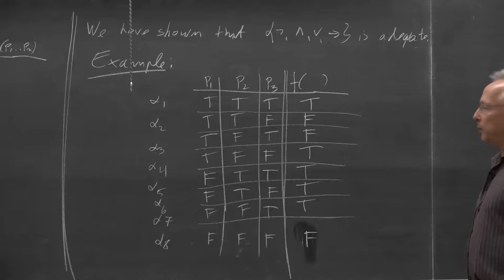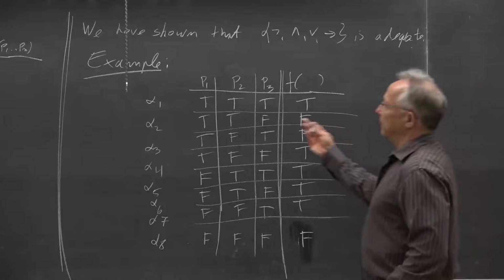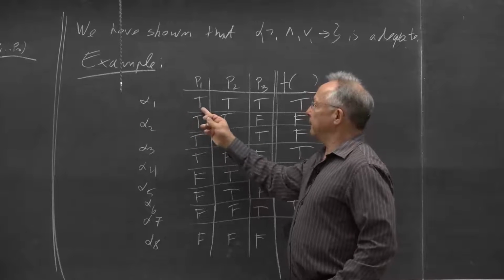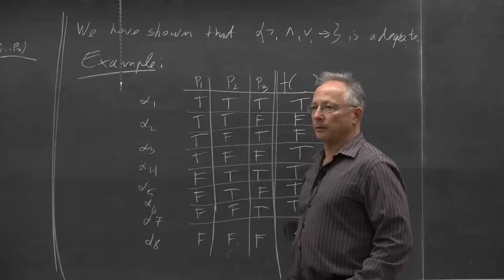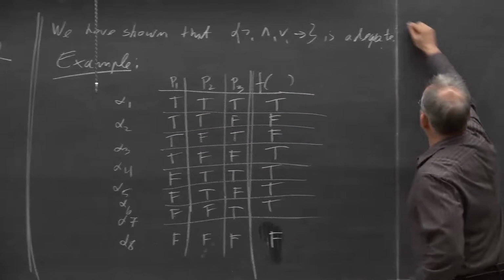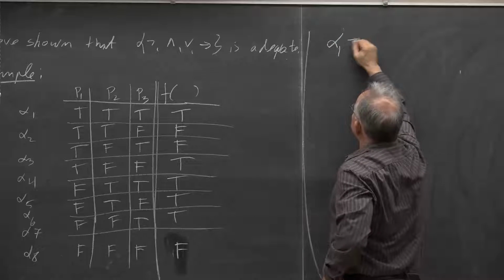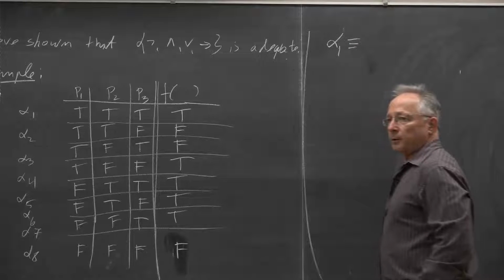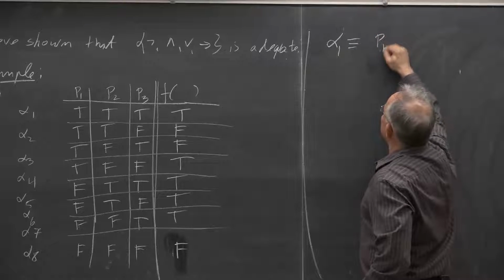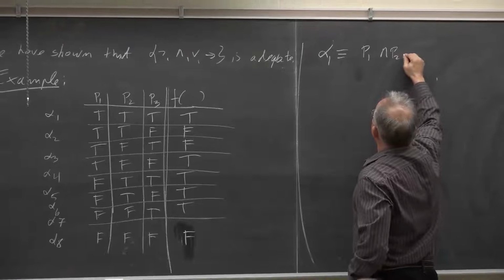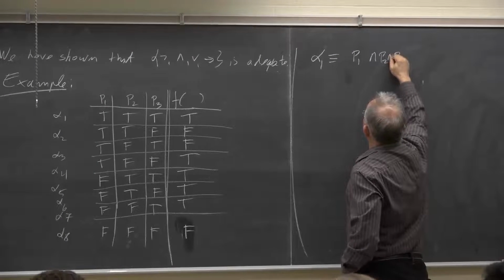And for each row, I get a formula that exactly describes the situation of this row. So alpha 1 is going to be the formula P1 and P2 and P3.